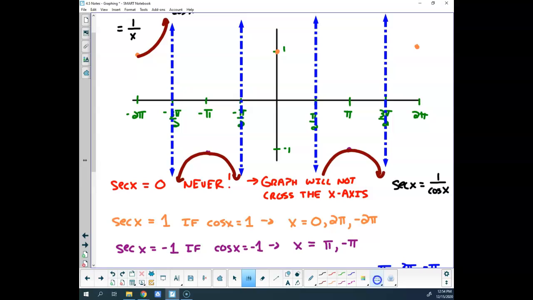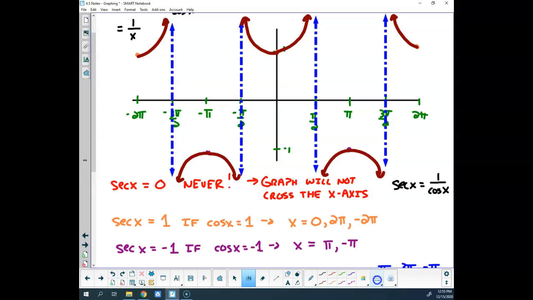And the upper ones can only go up. Because I can't cross my blue dashed line, and I can't cross the x-axis. And that is the graph of secant on the interval negative 2 pi to positive 2 pi. Okay.